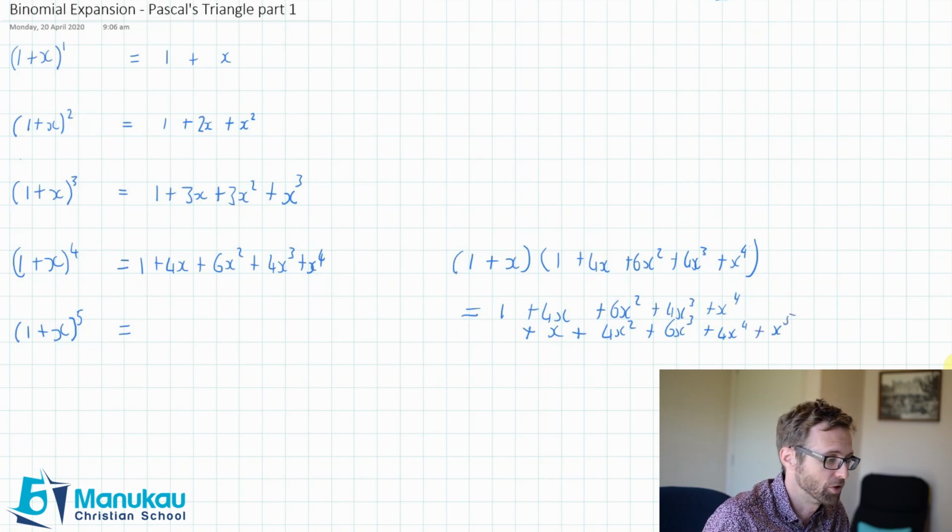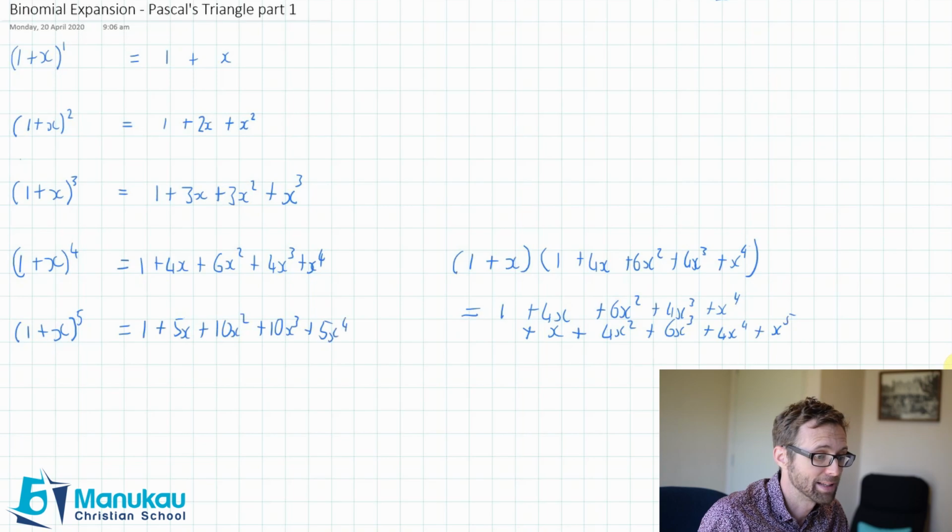Then when we add all of those together, we get this: 1 plus 5x plus 10x squared plus 10x cubed plus 5x to the 4 plus x to the power of 5.